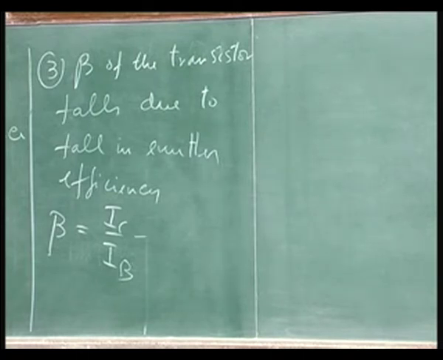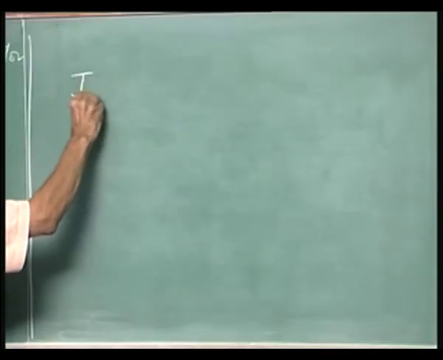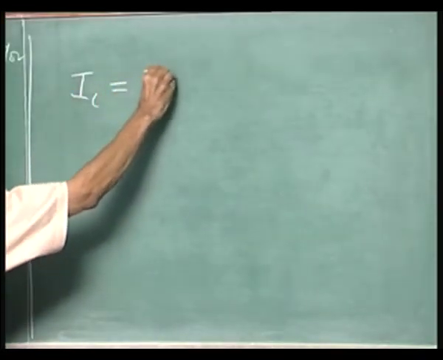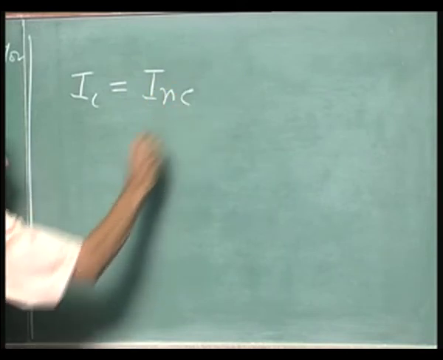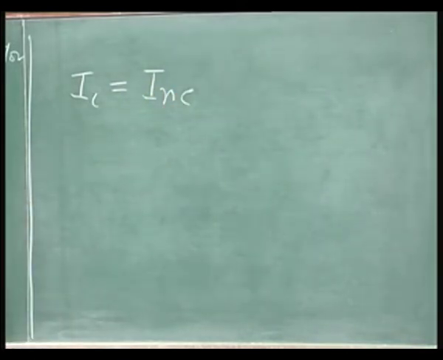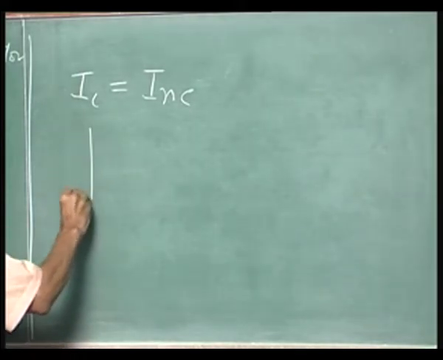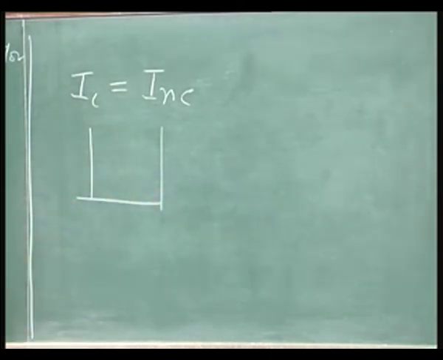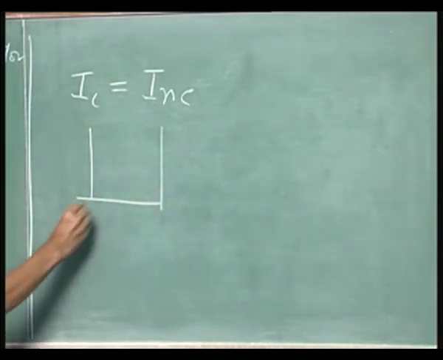I think I will just have to go one step further down here. IC is equal to INC, the electron component of current reaching the collector, standard symbol. You take the base region, 0 to WB.